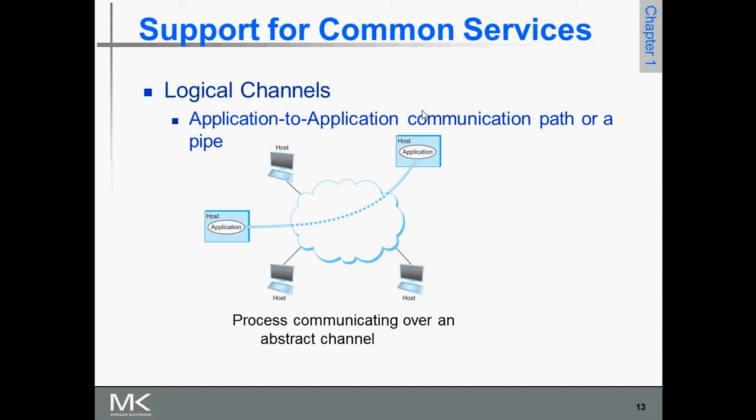Here, the application to application communication path or a pipe is nothing but a common service written by the application programmer, and if the same application programmer wants to write another application, he can use the same line. So the process is very simple. It is hiding the complexity of the underlying communication, just like our clouds.